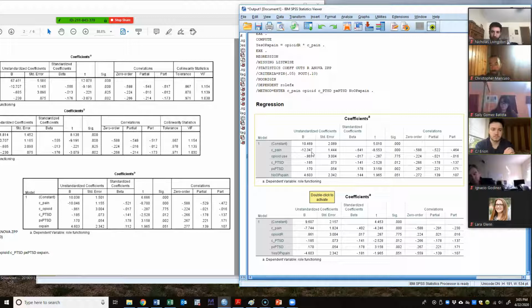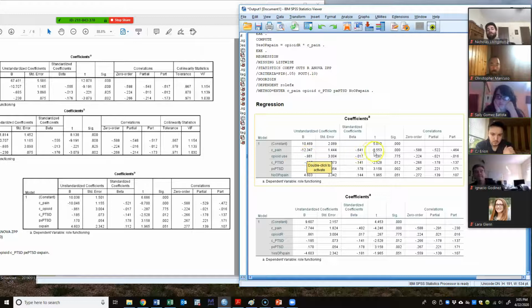And so here, it looks for people who are not using opiates, right? Because this is the effect of pain on role functioning when everything else in the model is held at 0. And in this model, opiate use at 0 means no use, right? So for people who aren't using opiates, this is going to be the conditional effect of pain on role functioning, holding PTSD constant at the mean, right?